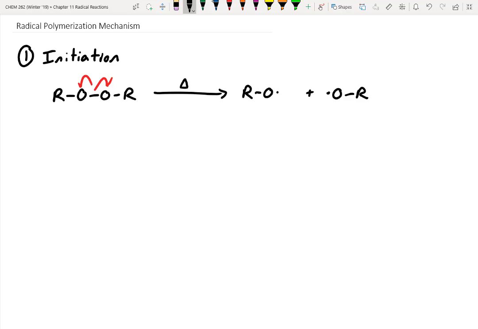All right, and then in the next step, we're going to take our monomer. Actually, let me do it over here. And for this example, I'm just going to use ethylene, since one of the most common polymers is polyethylene. And next, what we're going to do is have this do addition to a pi bond, just like we saw with our reaction with HBr.